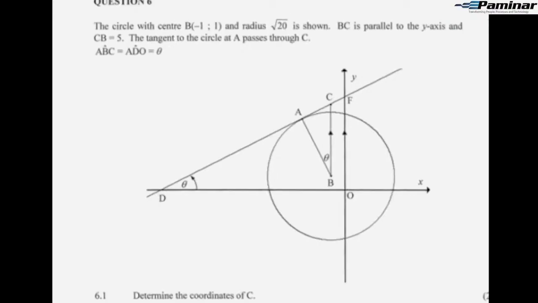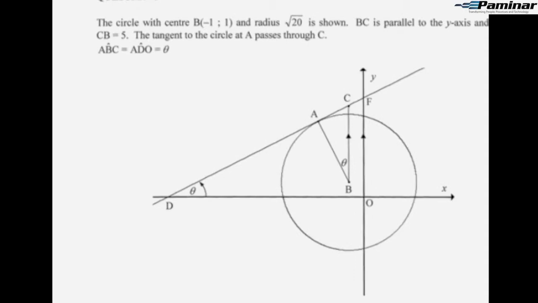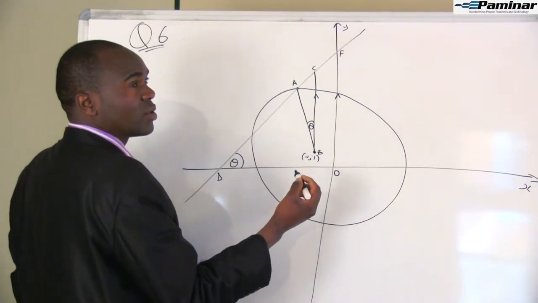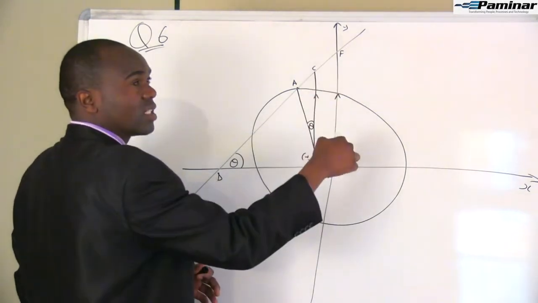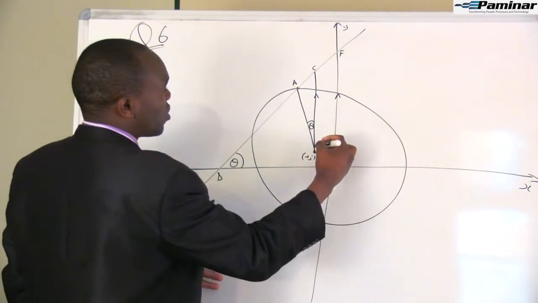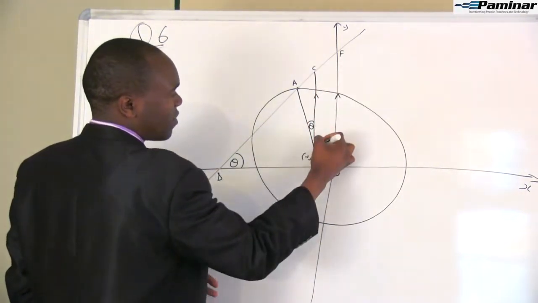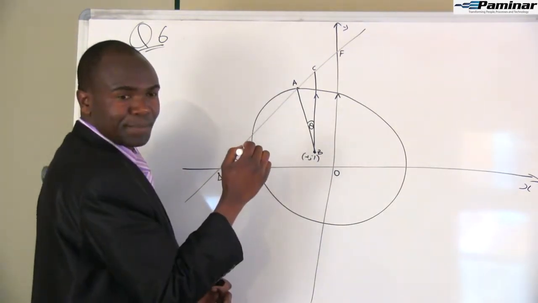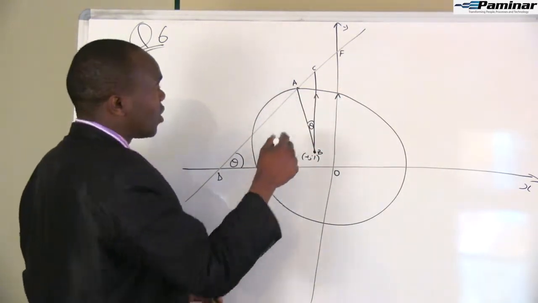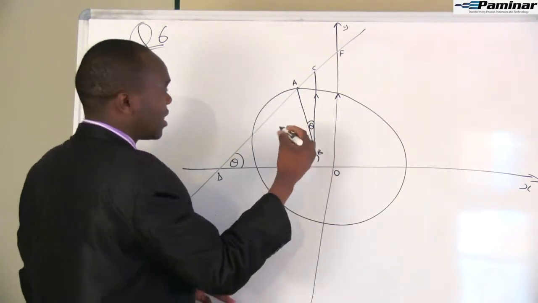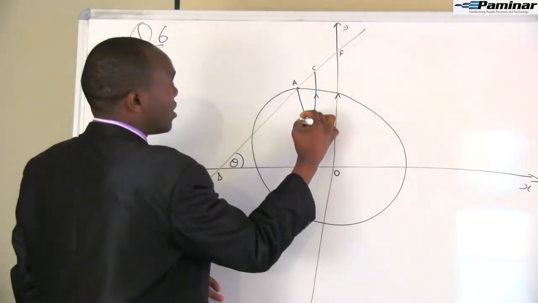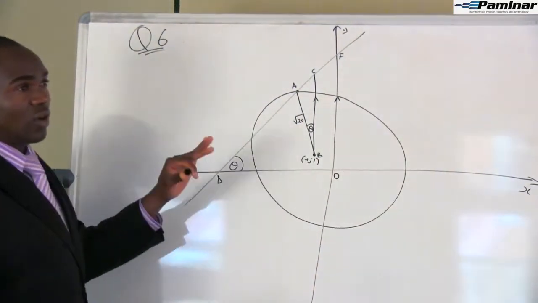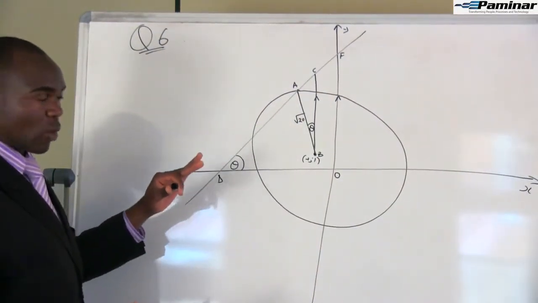And as a radius, square root of 20, and BC is parallel to the y-axis, and CB is 5. So CB from here to there is 5 units. And then AB, what is it? Square root of 20, because AB is the radius of the circle. Okay. Now, we've just shown what they said there.